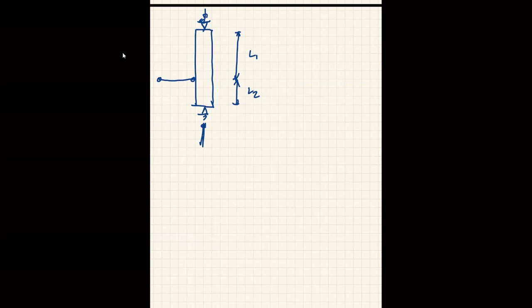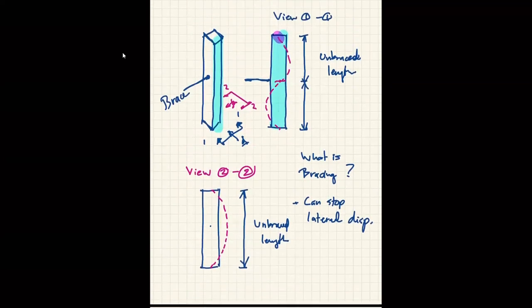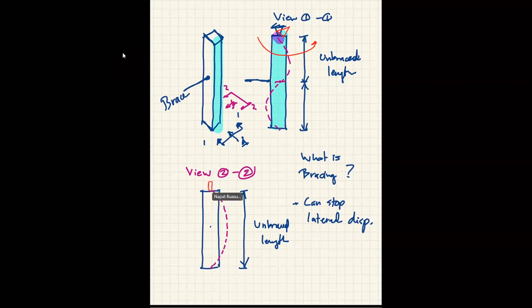Anapat, go ahead. Can you move to the upper page? I wonder if we have an ideal pin on the top, in this direction, it means that it can rotate in this way. But if we consider view 2-2, we have the other side of the pin, so that it cannot rotate in this way.